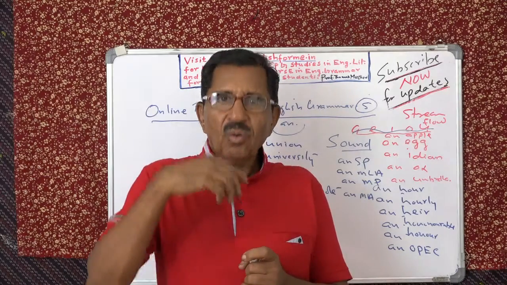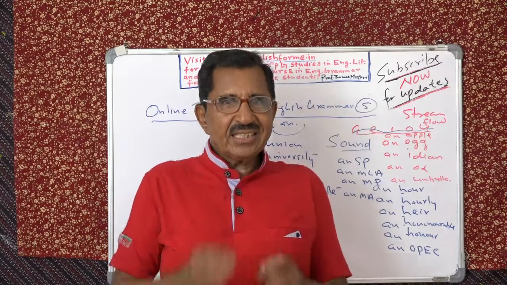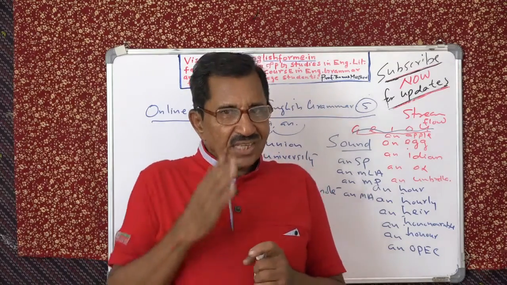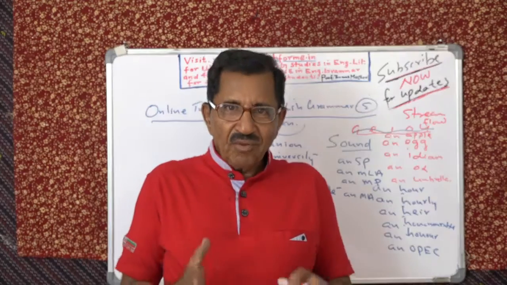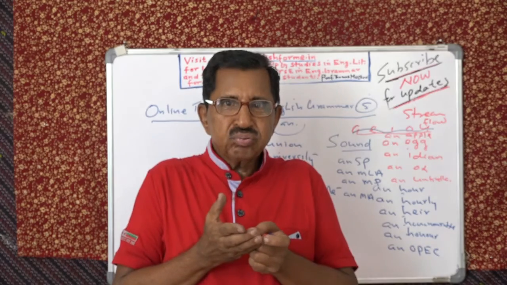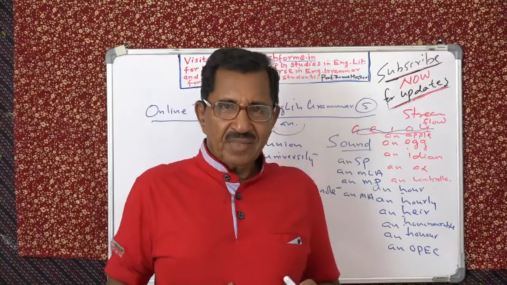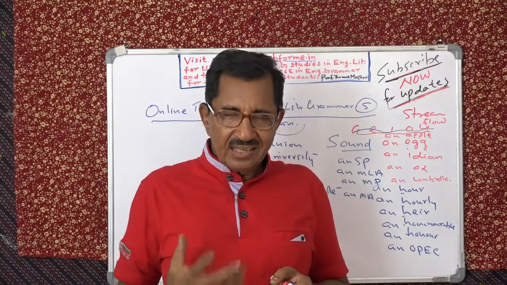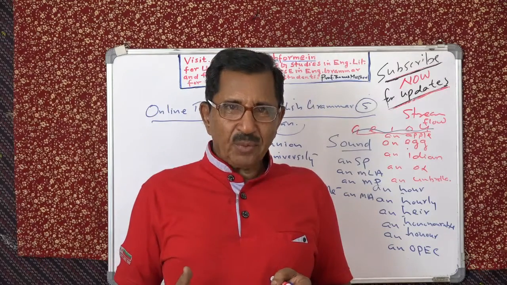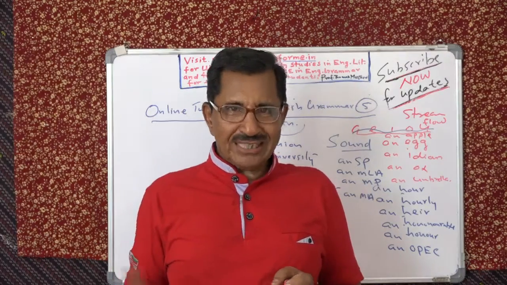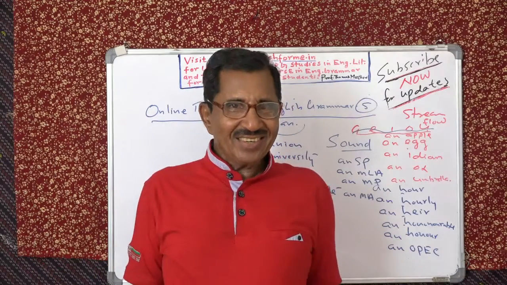So O, E, Oi, that's equivalent to a vowel. This is the simplest way to find out whether the sound is a vowel sound or a consonant sound. Vowel sound, once again, the flow is free. But the consonant sound, understand? You can say that.